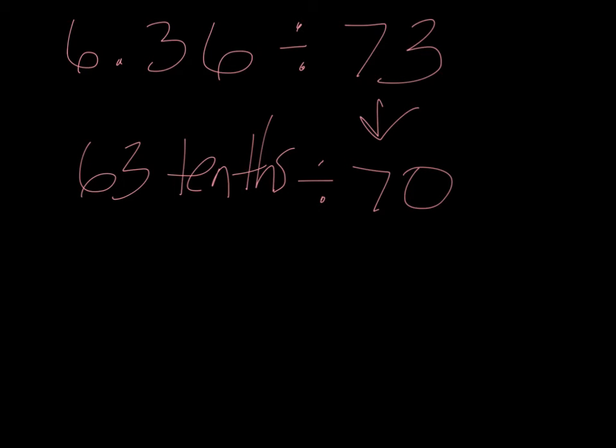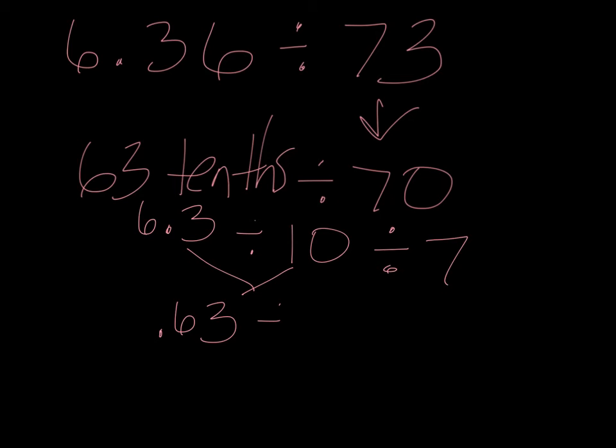6 3/10 is the same thing as, if I were to write it like this, 6 3/10. Okay. I'm going to do 6 3/10 divided by 10 divided by 7. 6 3/10 divided by 10 is 63 hundredths.